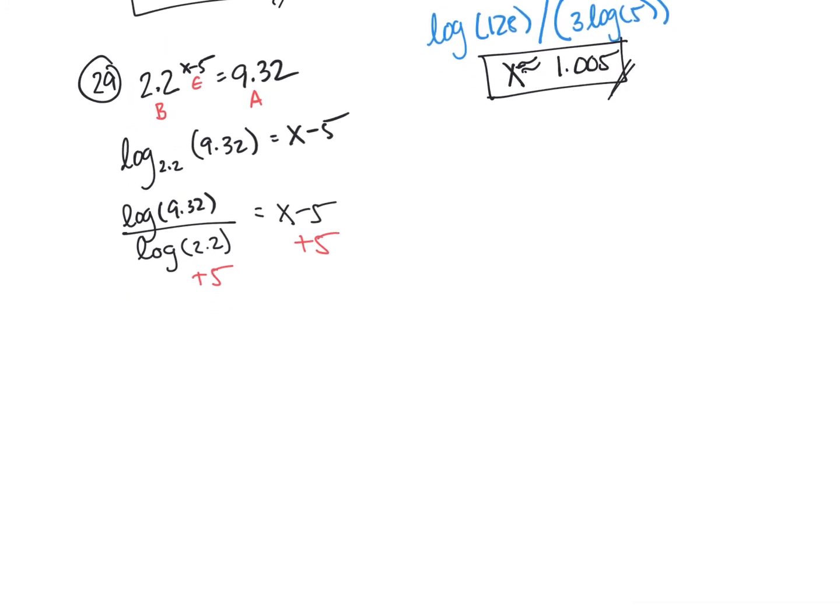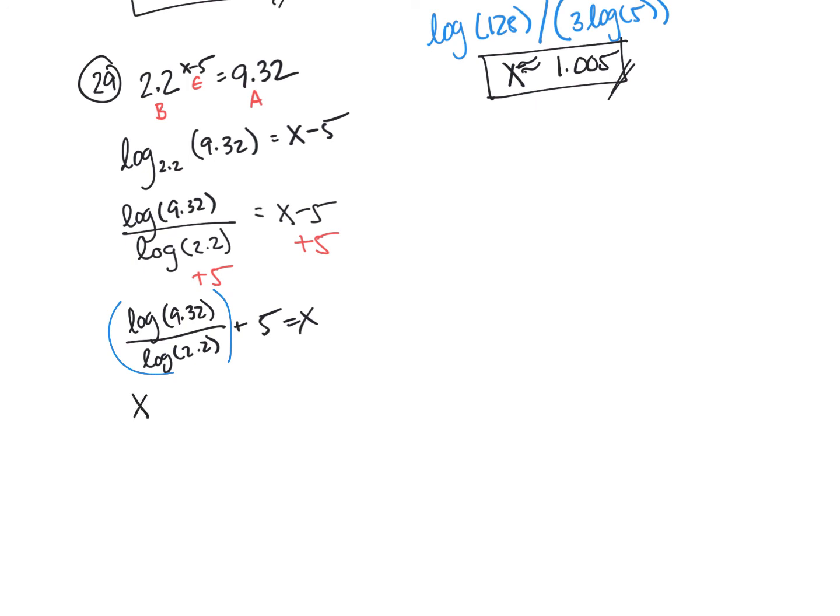And I'm okay if you just write this as log of 9.32 divided by log of 2.2 plus 5 is equal to x. You don't have to change the 5 into something with a log. But when you plug this into the calculator, I would find this fraction first and then just add 5 to it, which is something you can completely do. It's not going to mess anything up if you do one part first and then the next.